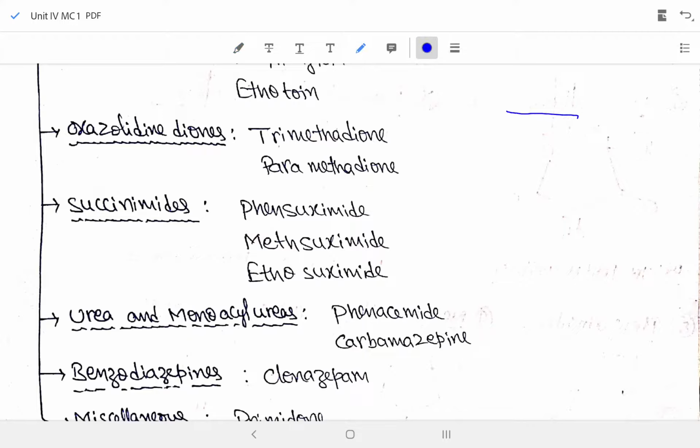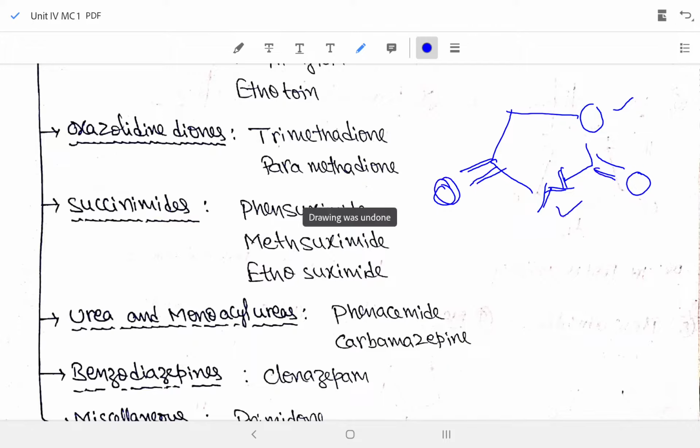A 5-membered ring with oxygen and nitrogen as heteroatoms, and if you have two double bonds inside the ring, it is oxazole. But it is oxazolidine. Oxazolidine will look like this: oxygen, nitrogen. Lidine because of the absence of double bonds. Diones, two C double bond O, diones.